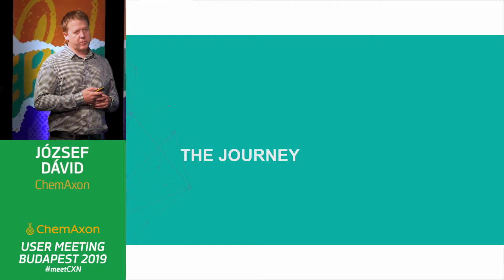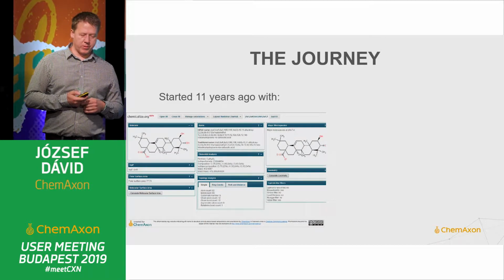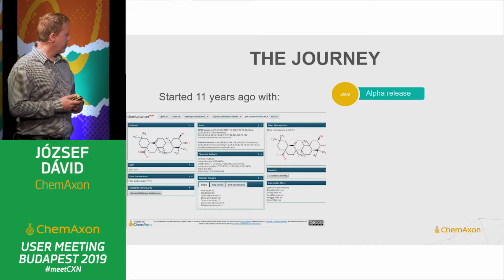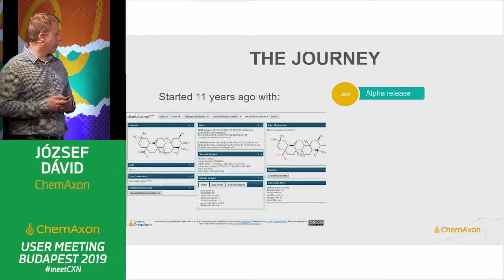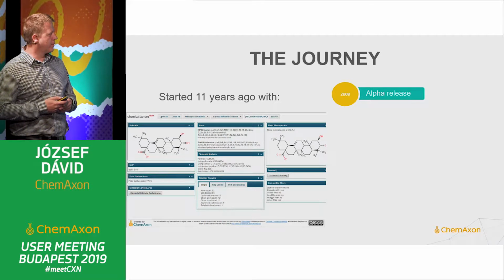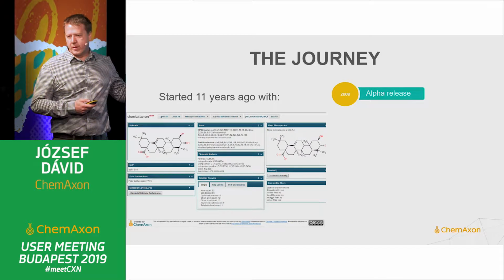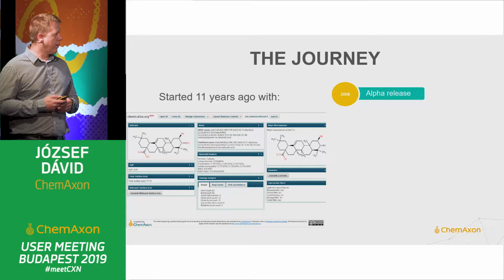And the journey, the path, how we reached that point. Everything started in 2011. That was one of the first user interfaces, maybe not the first, 11 years ago. Now it looks a little bit old, but at that time it was very trendy and innovative.